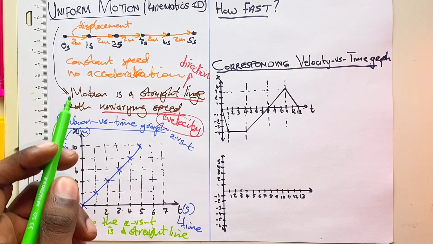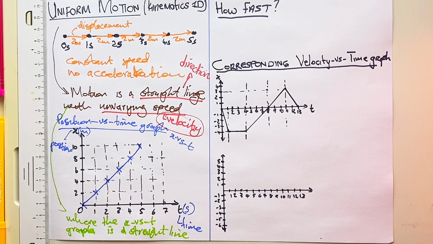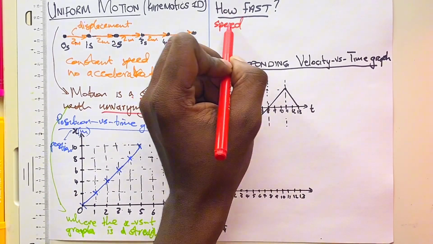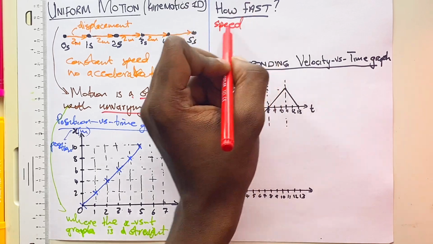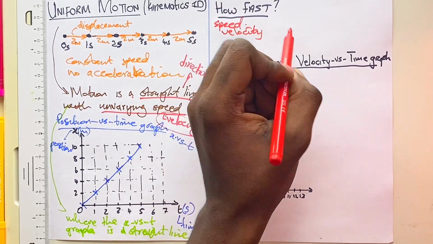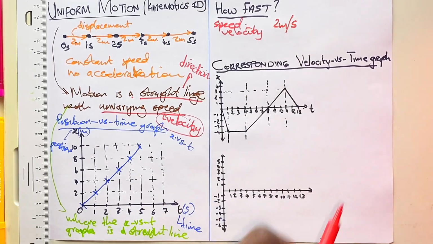At 3 seconds, it has moved 6 meters. So it shows us that our particle was moving at a speed or velocity of 2 meters per second.